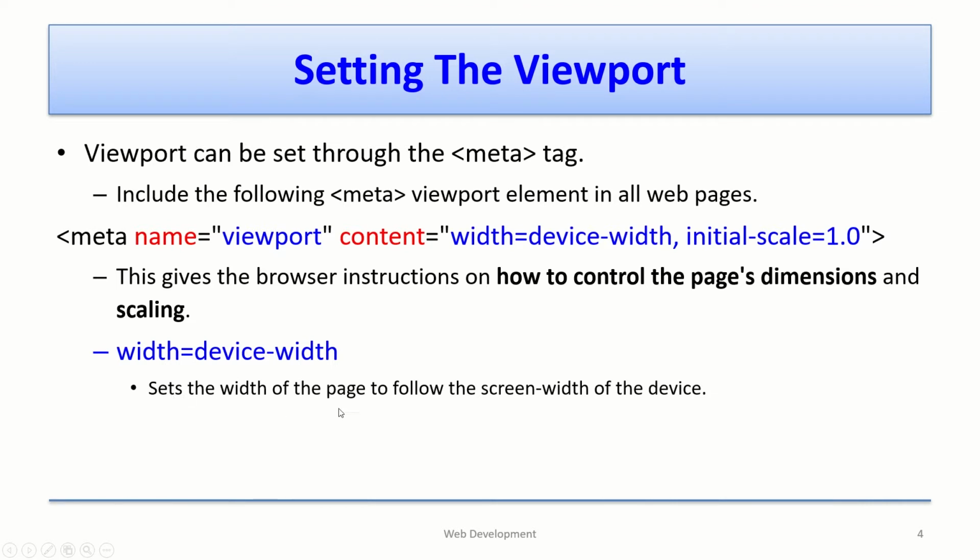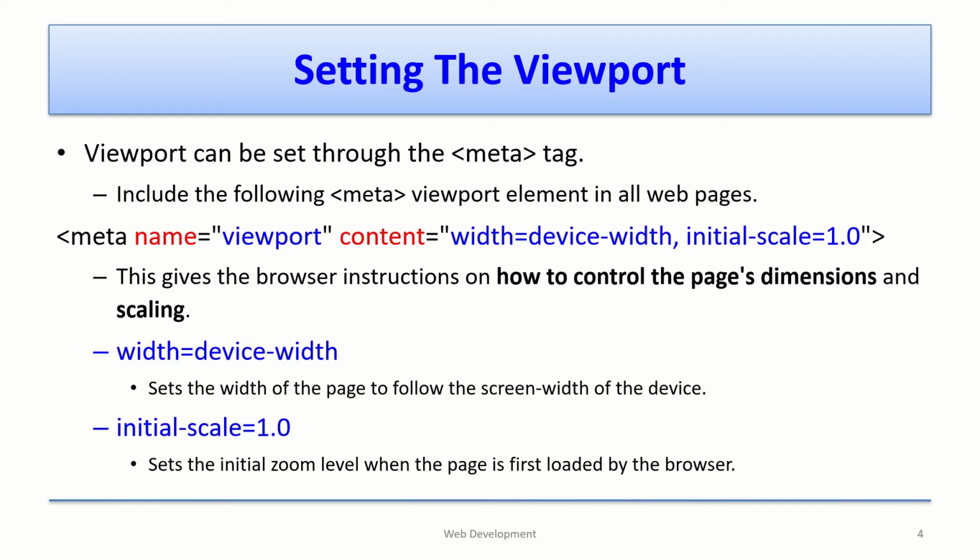So with device width, the width should fit the device width, and this sets the width of the web page to follow the screen width of the device. And then the initial scale is set as 1, that is, it sets the initial zoom level when the web page is first loaded by the browser.